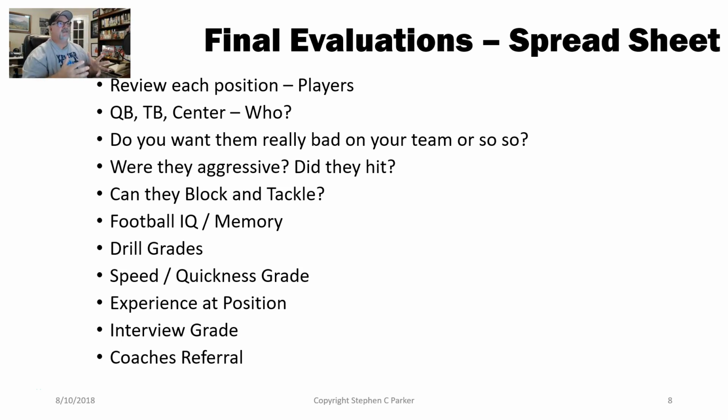So hopefully this video is a quick intro into kind of my brain on what I'm looking for in players, and then my final evaluations, and going through that. Like I said, I have a spreadsheet where everything I wanted to grade has a grade for it. It adds it all up. It's highly weighted toward experience, age, weight, and speed, quickness.